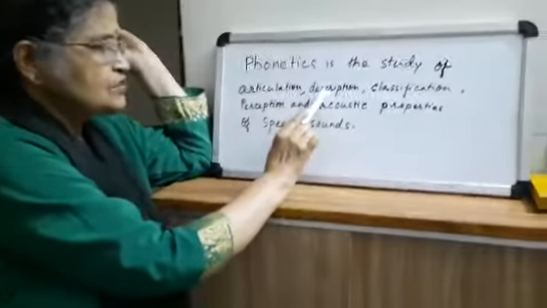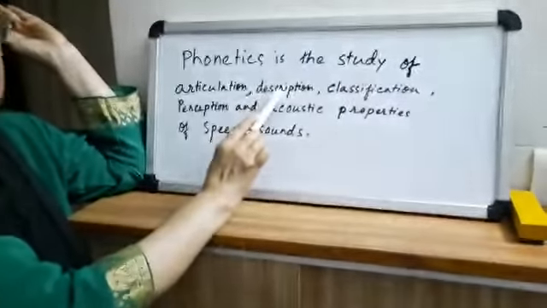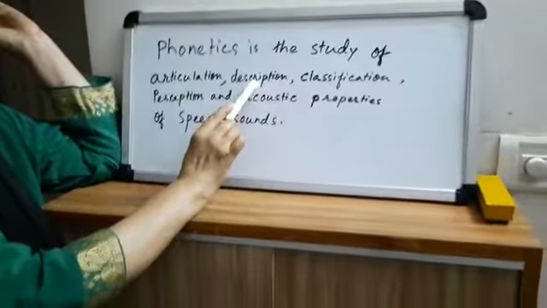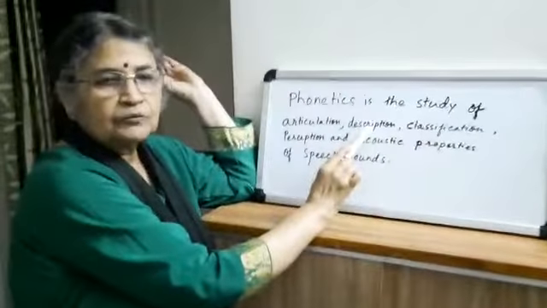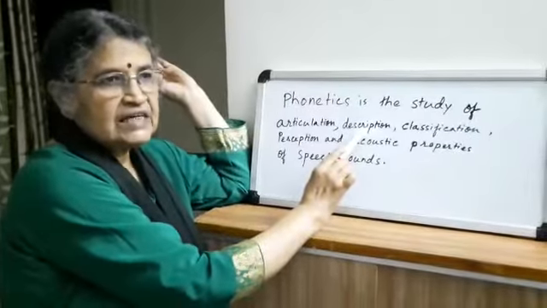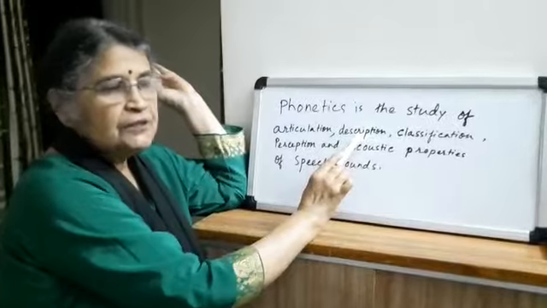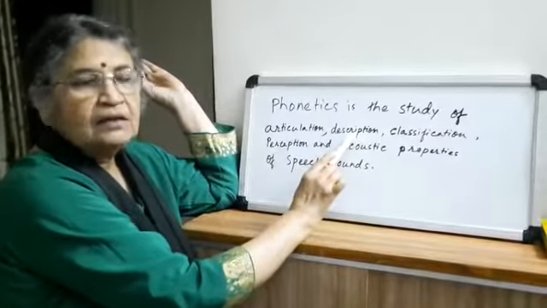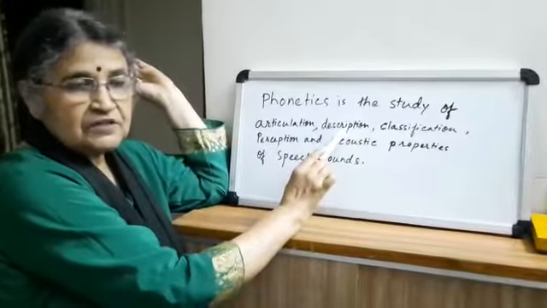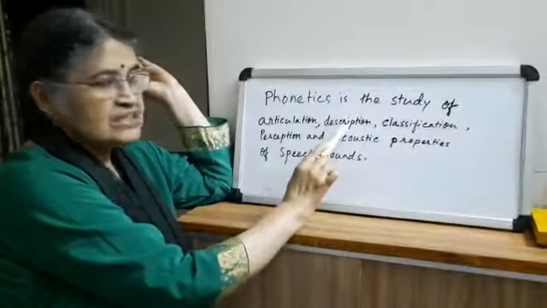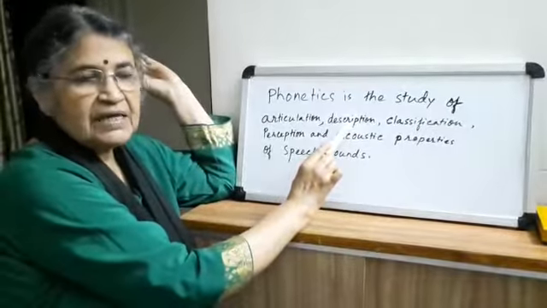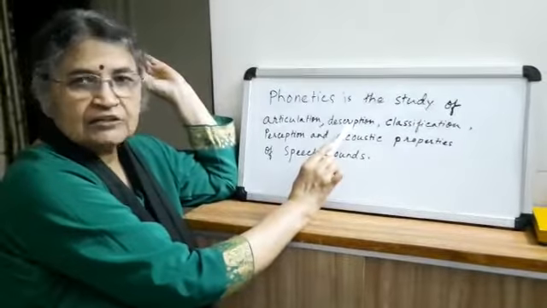Then comes description. So what is description? We need to describe speech sounds. For example, when I utter the word pin, let me take the first sound, p. Now we can describe p based on how it is articulated.